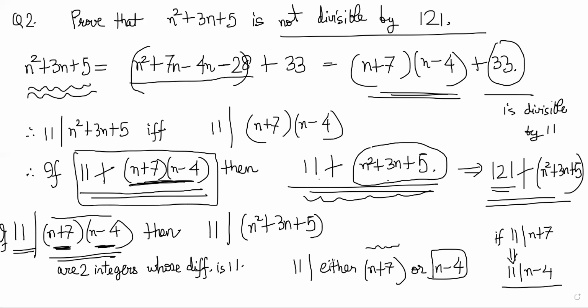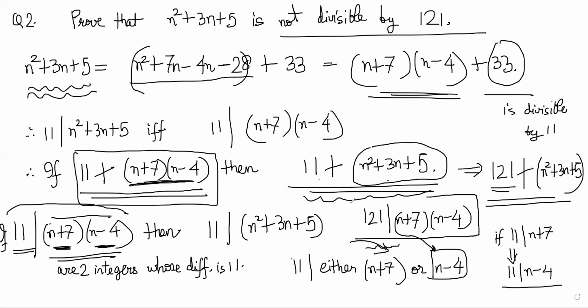So in this case, 11 divides both of these. Therefore, 121 will divide n plus 7 into n minus 4, correct? Because 11 divides both of these factors.